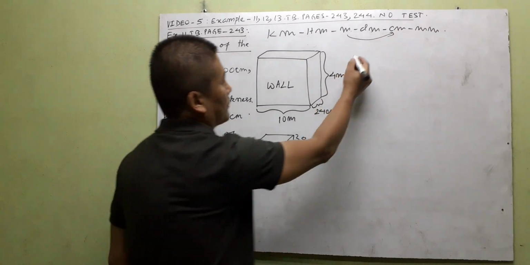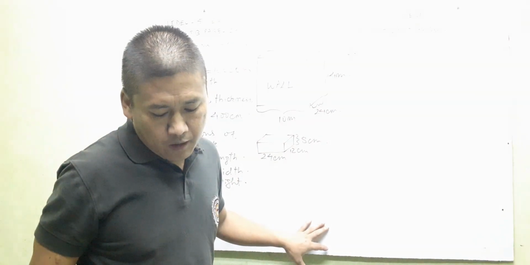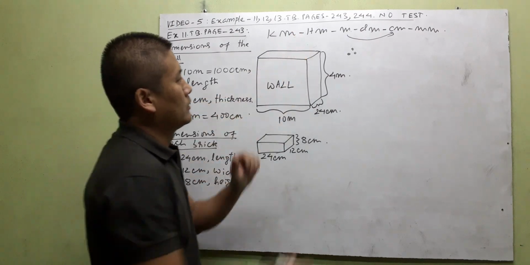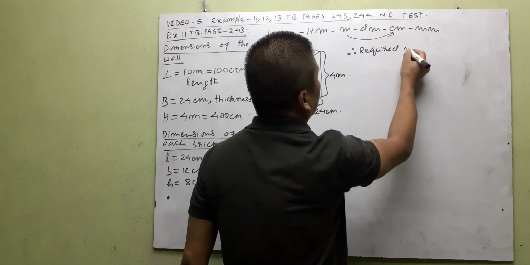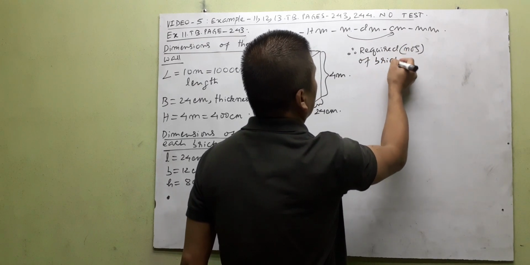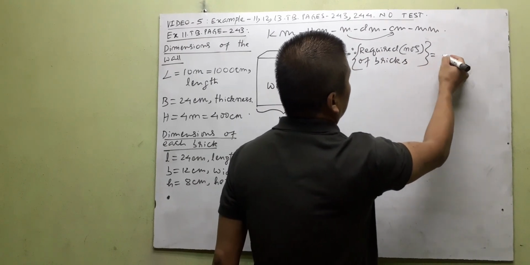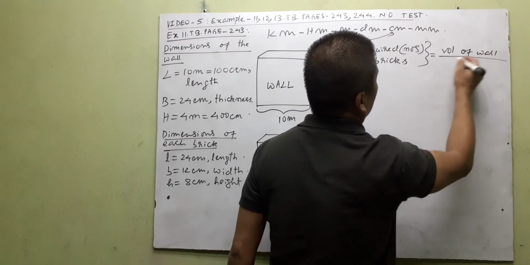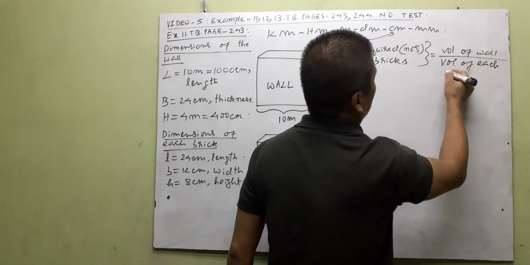So the question is asking us how many bricks would be required to build this size of wall. The required number of bricks will be volume of the wall that you're going to build divided by volume of each, means 1 brick.